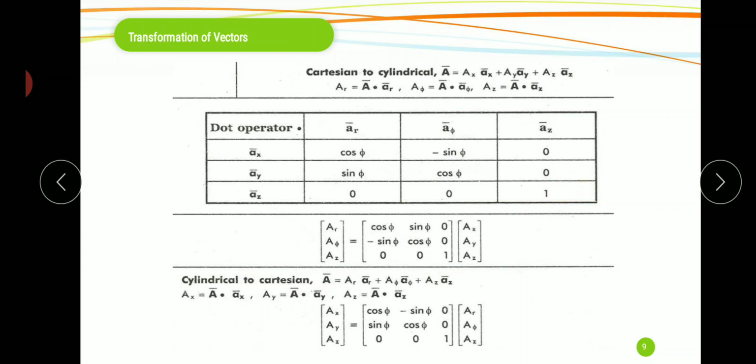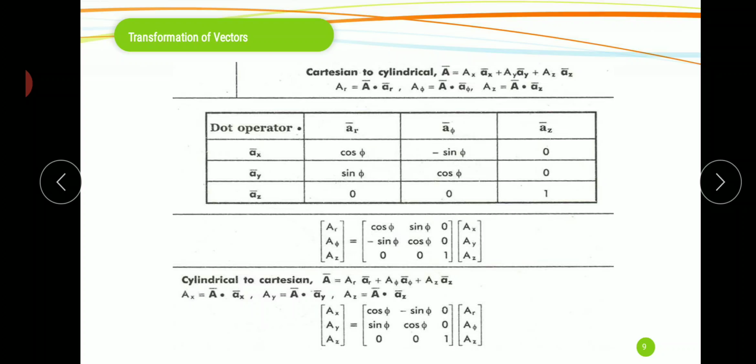Okay, and next, this is the representation of ar, a phi, az in terms of matrices. By matrix multiplication, finally we get these values, and also we can write the transformation of a cylindrical coordinate system into a Cartesian coordinate system by using these relations.